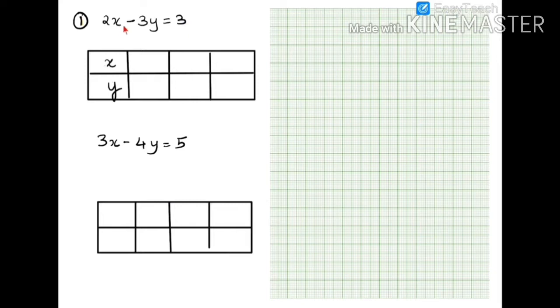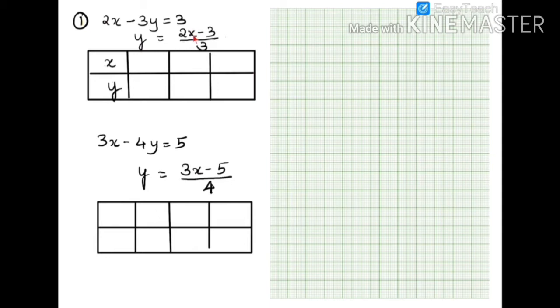To do that, first we will write this equation as y in terms of x. So this equation can be written as y equal to (2x minus 3) divided by 3. Similarly, the second equation will be written as y equal to (3x minus 5) divided by 4.